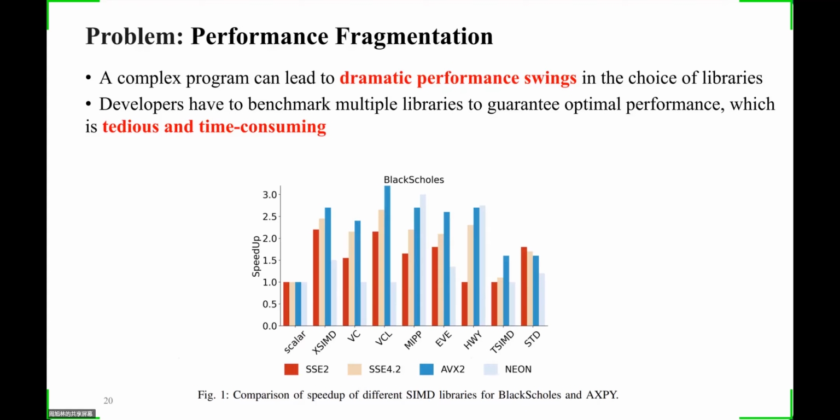Our preliminary experiments show that for complex programs, the choice of libraries has a significant impact on performance. So developers have to benchmark multiple libraries to find the best one, which is very time-consuming and unscalable.